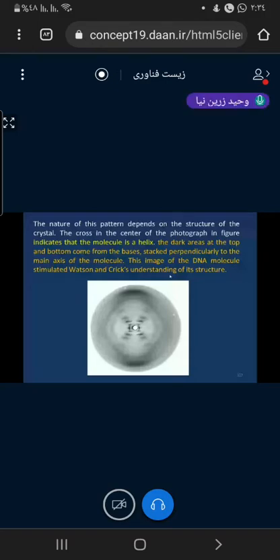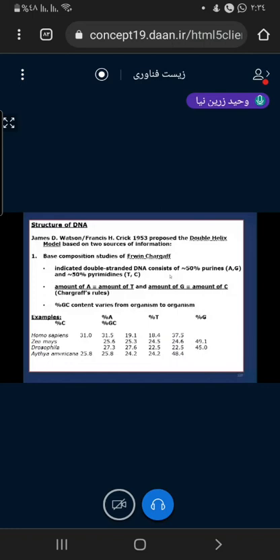In this hypothesis, he indicated that DNA consists of about 50% purines, A and G, and 50% pyrimidines, T and C. T and C are abbreviations of thymine and cytosine, and A and G of adenine and guanine. The amount of A was equal to the amount of T, and the amount of G was equal to the amount of C. That was Chargaff's rules.